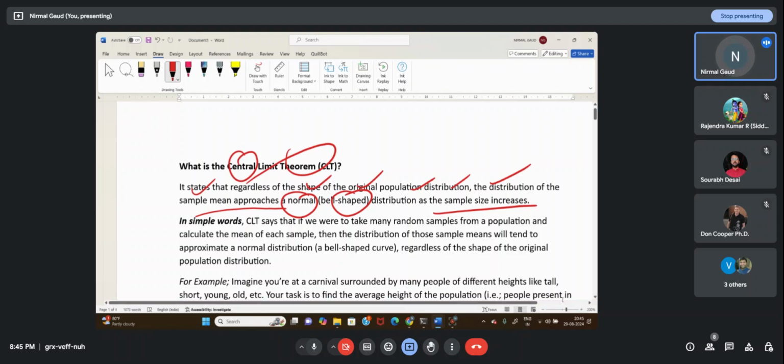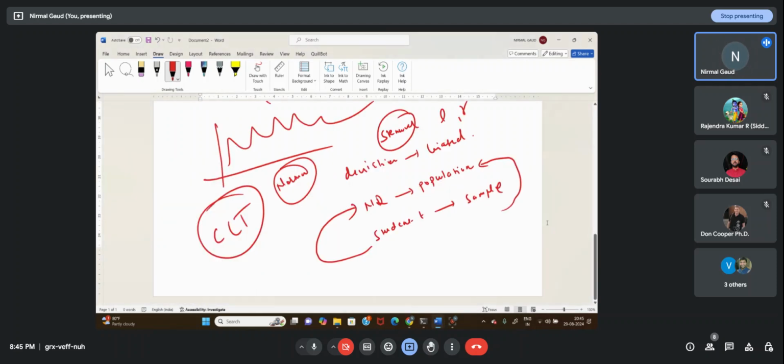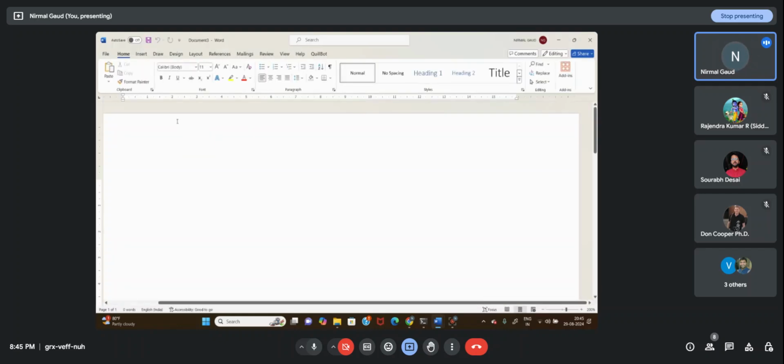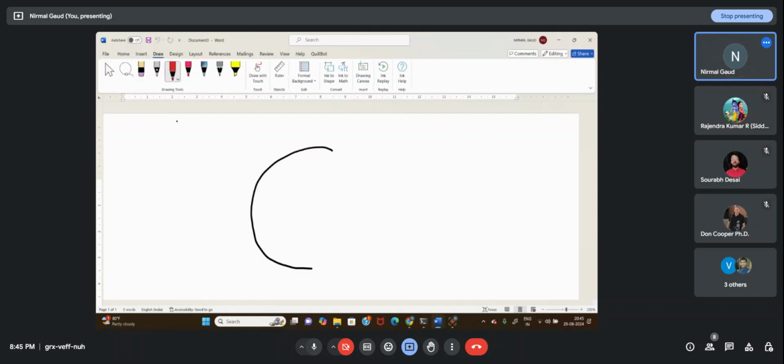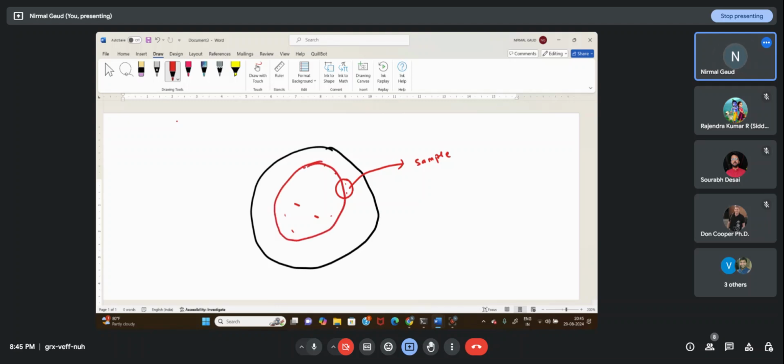Okay, let us suppose this is your data. You have the data points present in it. If you take a sample of the data, this is a sample, you can make a student t distribution of it. But if you increase the sample, you can make a normal distribution of it. That is the central limit theorem.